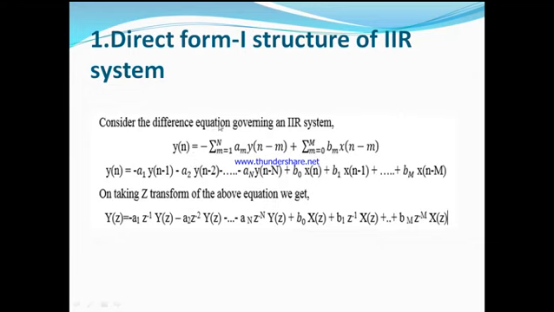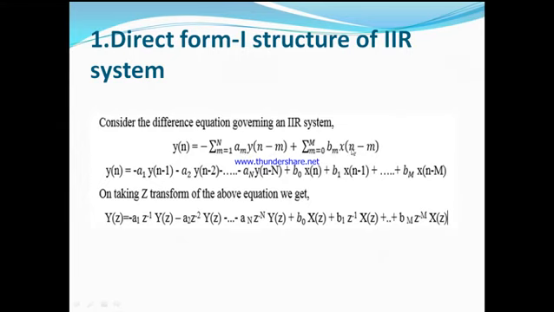Here also we have to consider the difference equation governing an IIR system. We know that the IIR system contains both previous input and output. So we can write y of n equals minus sigma m equal to 1 to N a m y of n minus m, this is the previous output, plus sigma m equal to 0 to M b m x of n minus m, this is the input.